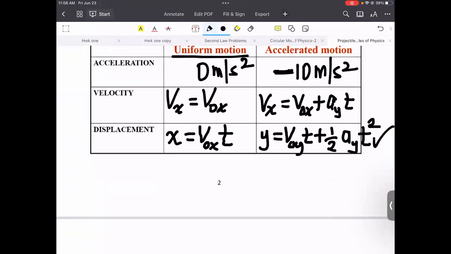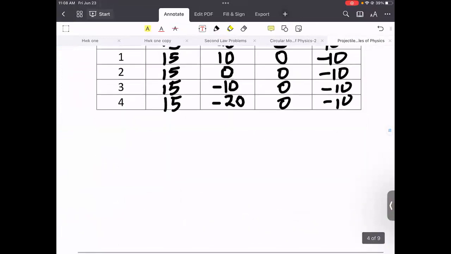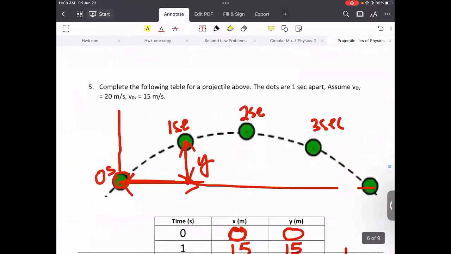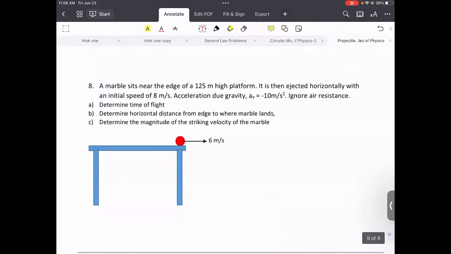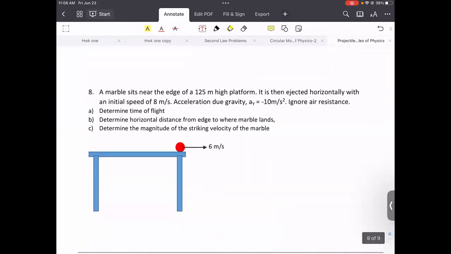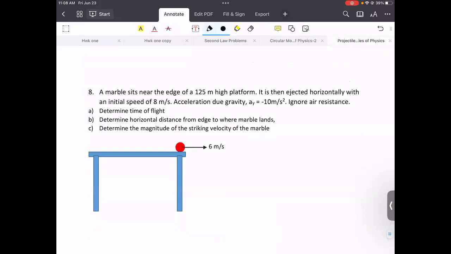The way I do it, you try to write down what's known and what's given. So what are you given? You list what you're given.